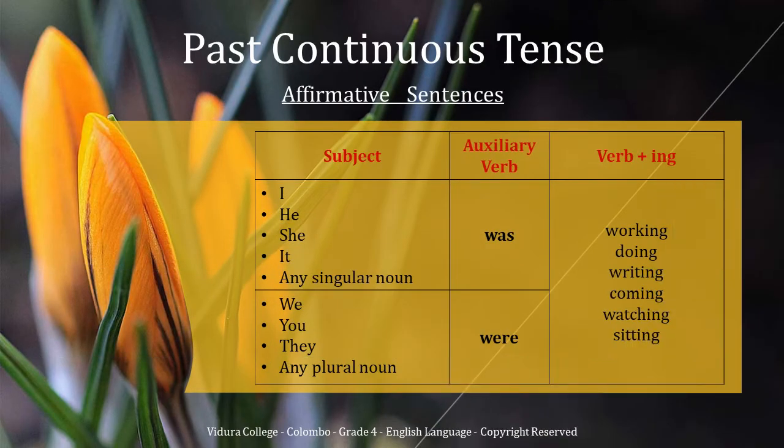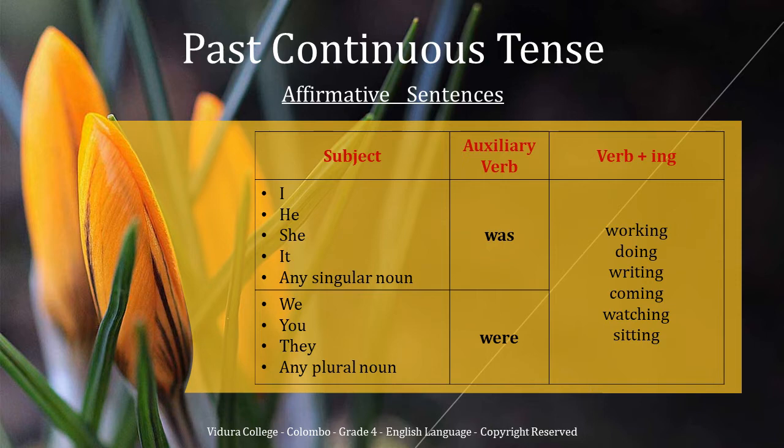Past continuous tense. Affirmative sentences. Here I have given you a table with 3 columns. So, it will be easy for you to understand how to write a positive sentence. In this table, the first column is to write the subject. The second column is for the auxiliary verb.